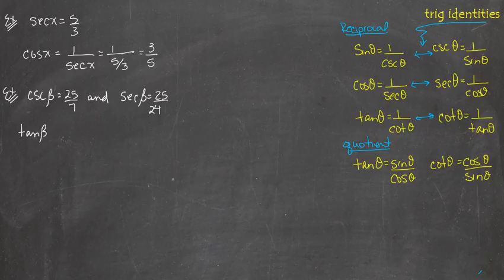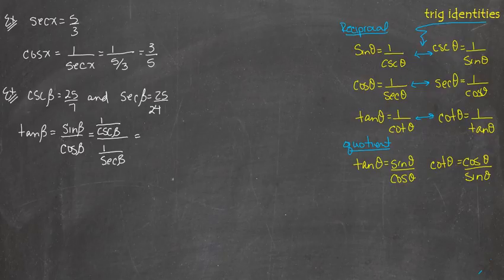So I can use a little bit of logic, knowing that the tangent of beta is sine beta over cosine beta. But cosecant is the inverse of sine beta. So sine beta equals 1 over cosecant beta, and cosine is 1 over secant beta.